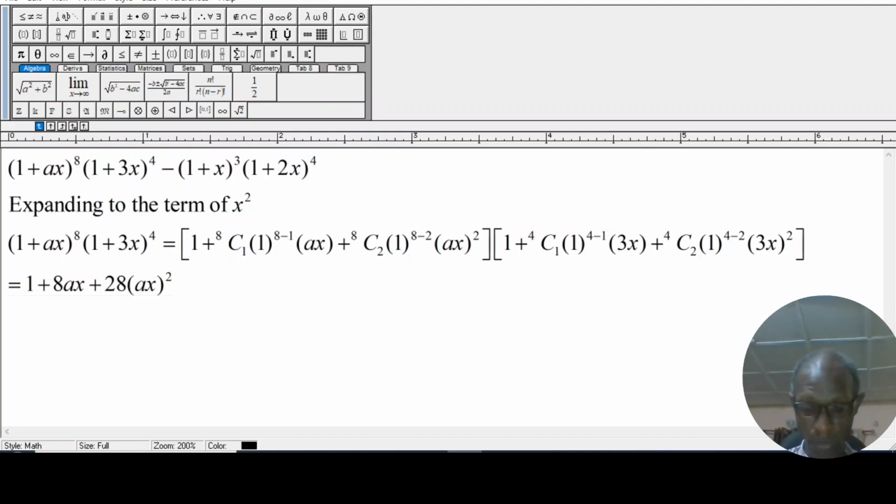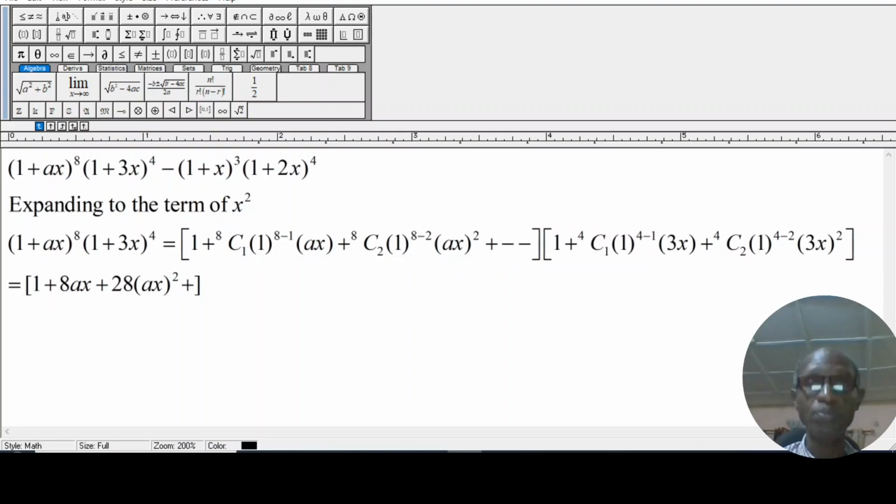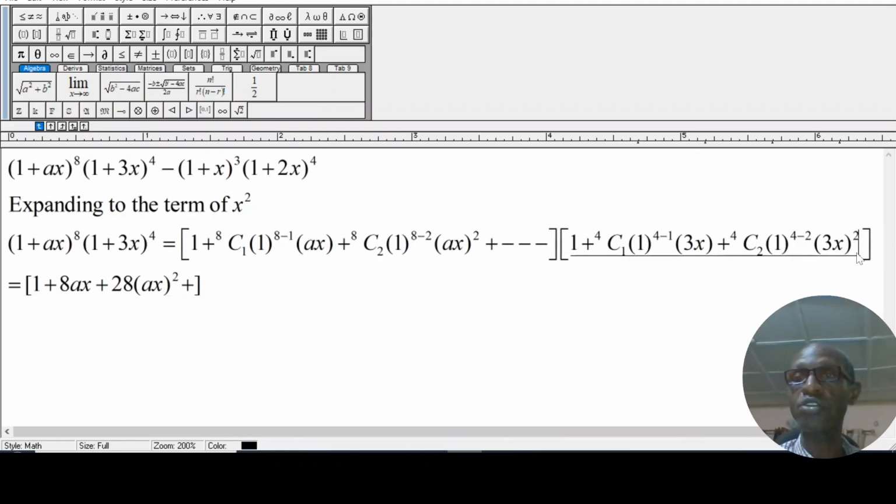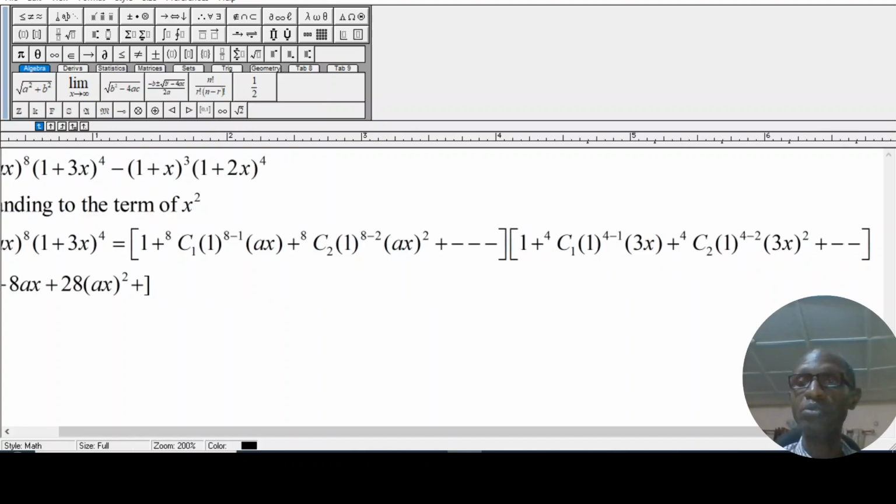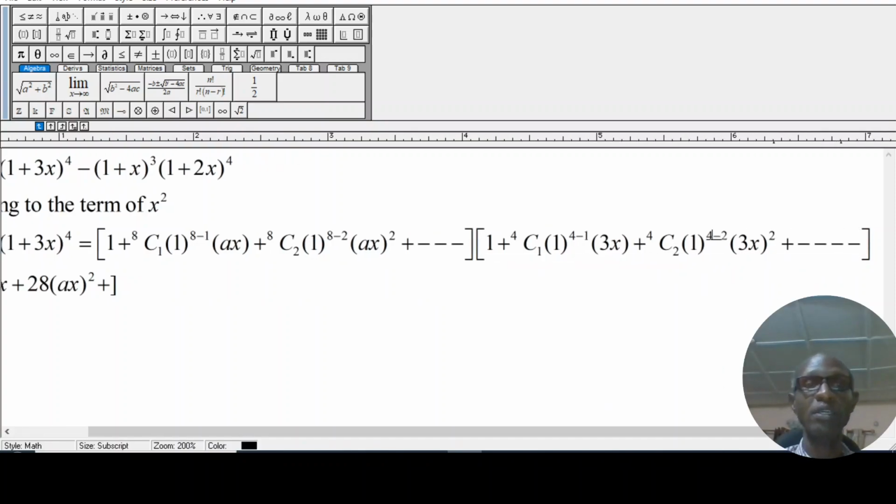Let me close this bracket. So I can ignore the other terms. I'm ignoring the other terms. Take note of that. I've ignored the other terms. It's up to the terms I need. I don't need to expand everything out.